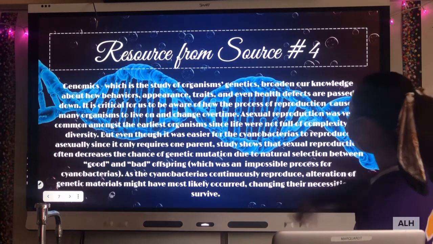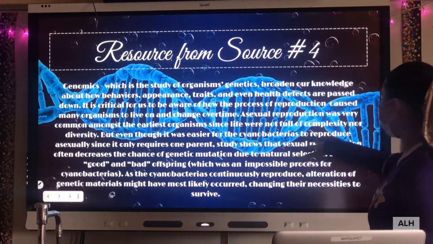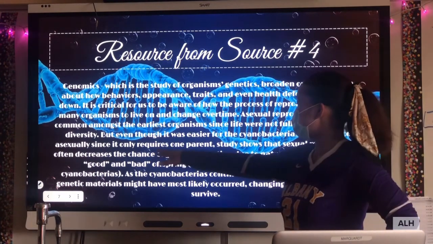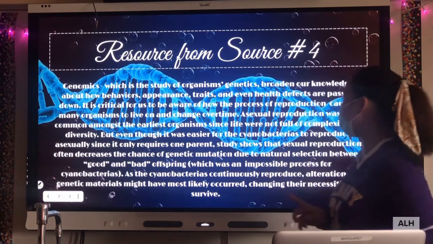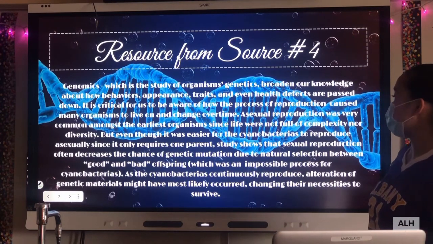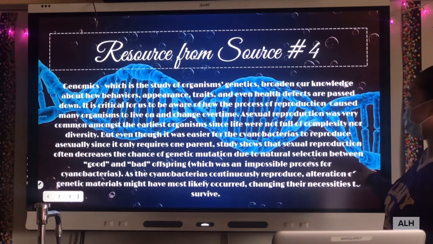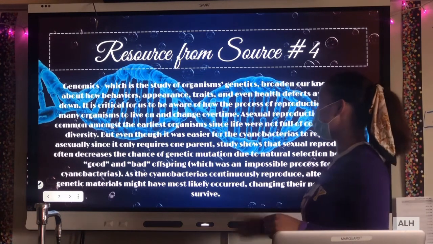But even though it was easier for the cyanobacteria to reproduce asexually since it only requires one parent, study shows that sexual reproduction often decreases the chance of genetic mutation due to natural selection between good and bad offspring.